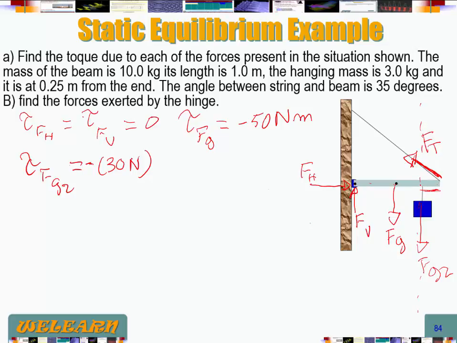The shortest distance from that line of action to the pivot is 1 meter minus this distance, which is 25 centimeters, as given here. So it is 0.75 meters, which comes out to be minus 22.5 newton meters.